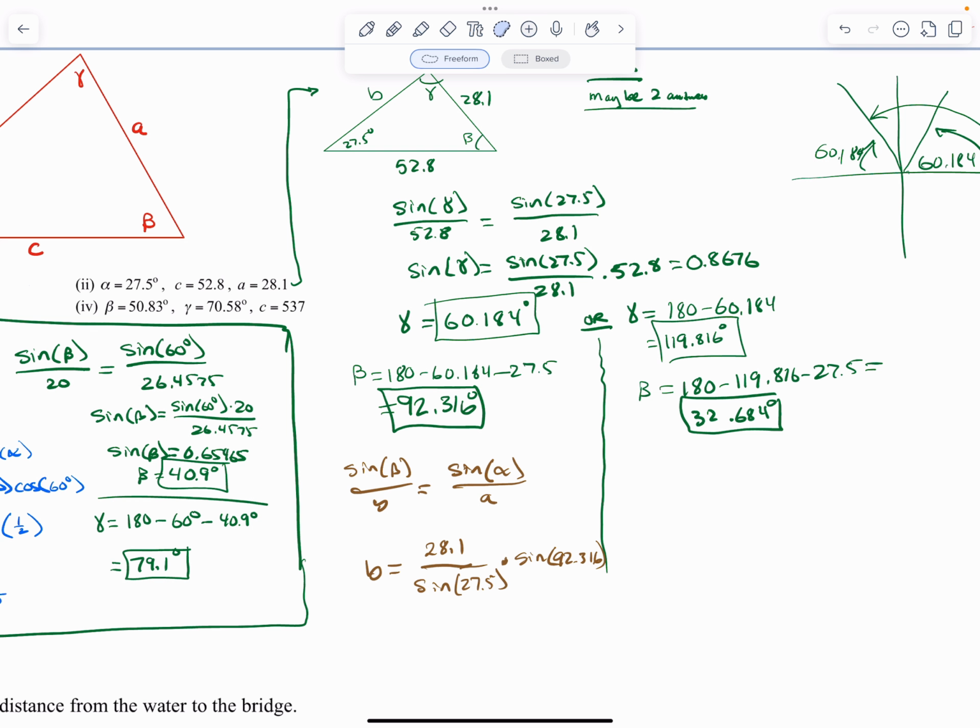And once you've done this work for one of the sides, it turns out the other side is pretty easy because the main difference is the value of beta. So we have beta, 32.684. There we go.